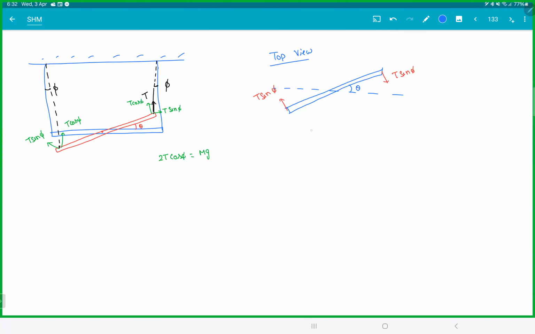So here if you take torque about the center, this will be 2T sin phi into L by 2 is equal to minus I alpha. So 2T sin phi L by 2 is minus ML square by 12 alpha. For small angles, we can write sin phi as phi. So T phi, and you can substitute that 2T value here.